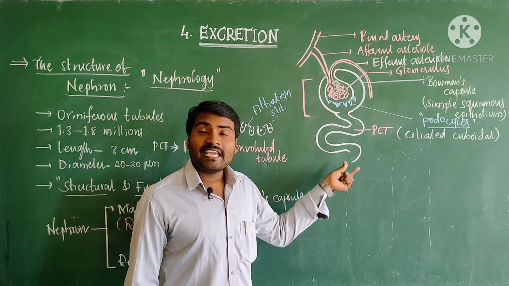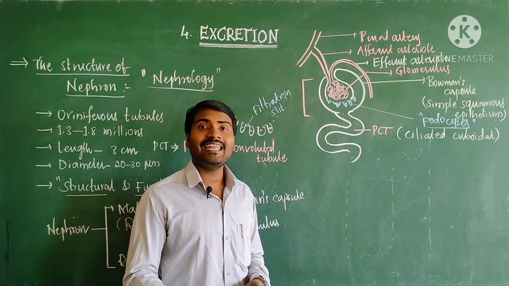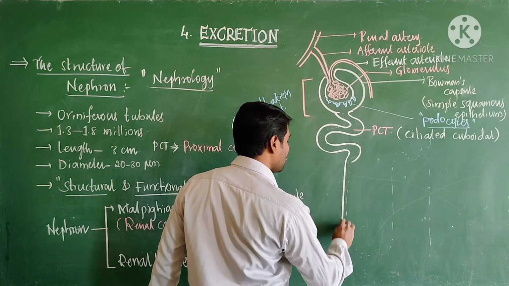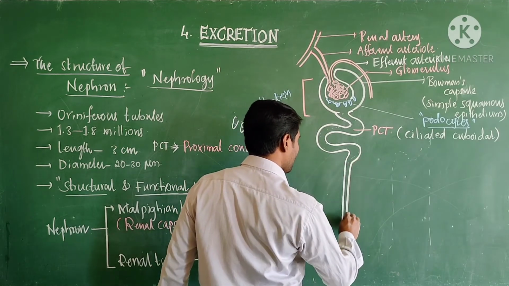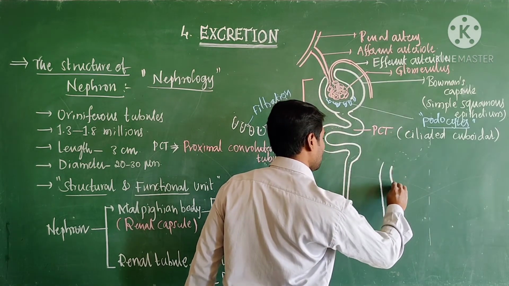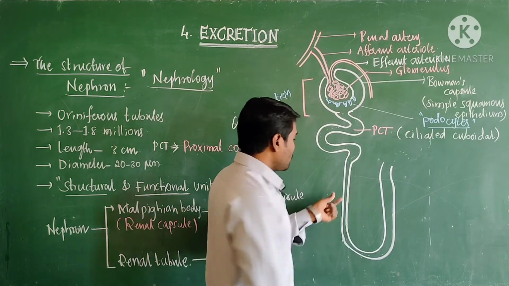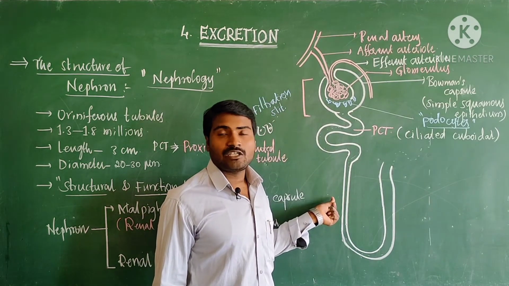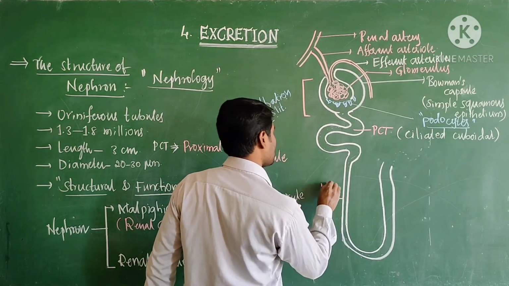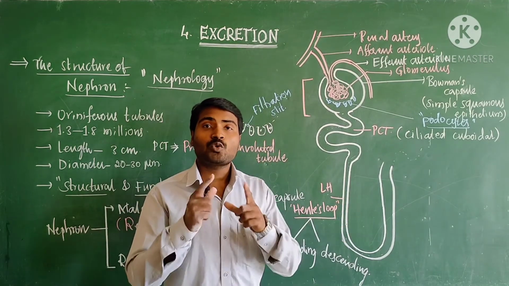Now this PCT gives rise to a long tube that is called a loop of Henle or Henle's loop. It gives rise to a narrow tube. So this tube is called LH, loop of Henle or Henle's loop. This loop of Henle also shows two regions.